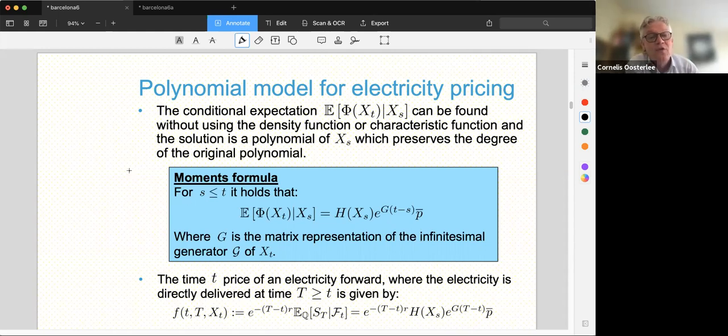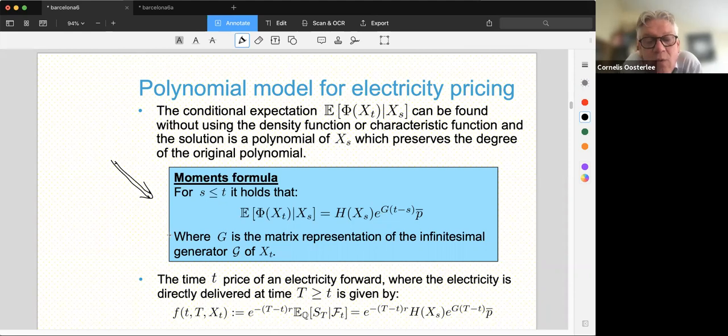So we have a moments formula in a polynomial process: for s less or equal to t, this conditional expectation is in fact the matrix H, which depends on x_s, times e to the power G(t minus s), times this p bar. And G is the matrix representation of the infinitesimal generator calligraphic G of X.